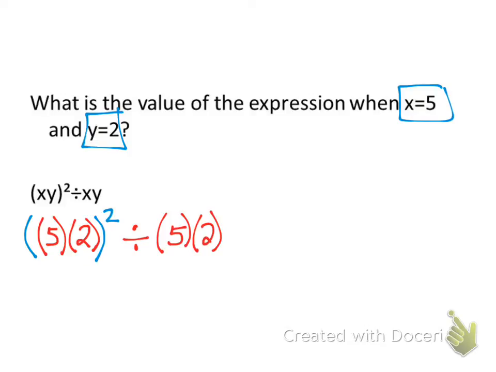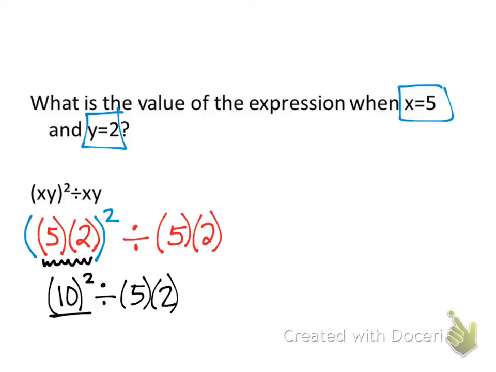All right, so we are working inside these parentheses. So what is 5 times 2? So I have 10 to the second power divided by 5 times 2. Then what? 10 times 10, because we have an exponent. That's 10 squared.